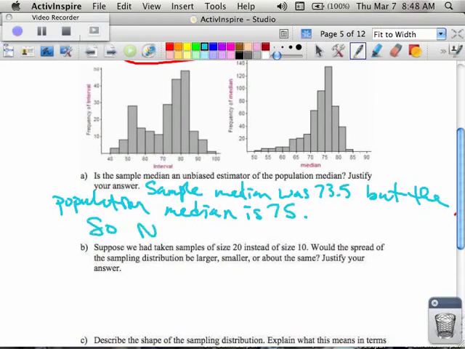So no. They are not the same. Because if it's an unbiased estimator, when you take a large number of samples, you should get something that indicates what the population was, and it's off.